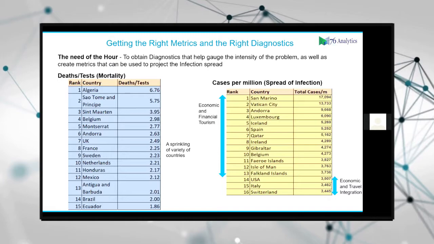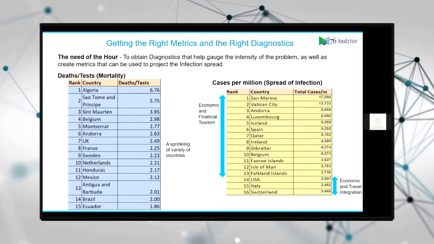Now, the key is, how do you go about having a more structured way of looking at your data? So one way to look at it is, say, cases per million. This is the data that we had as of the 3rd of May in the evening.